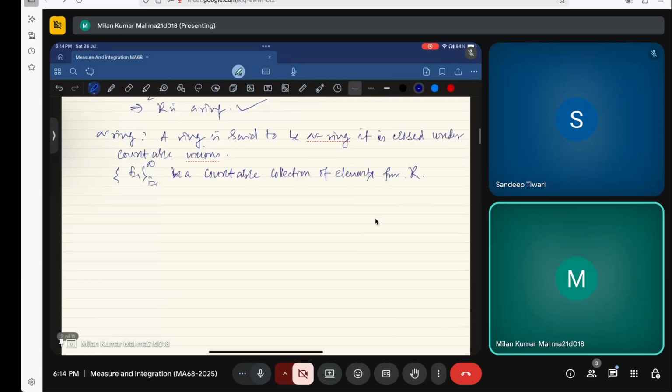then their union of E_i, because we know that a countable union of countable sets is again countable, is again at most countable.